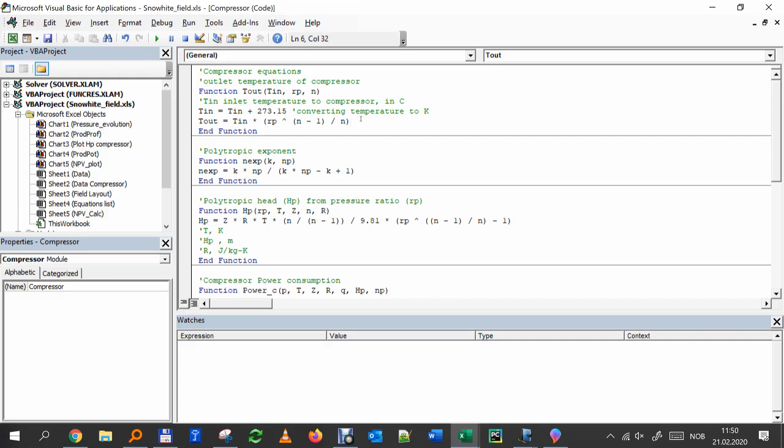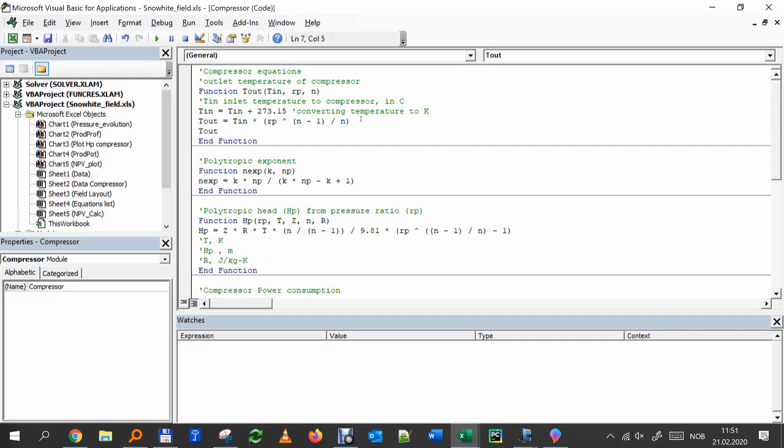Okay, and we can say here the T out that we obtain, we say T out minus 273.15, and here we say T out is outlet temperature of compressor in C. So we are converting what Peng said, very important. You do the conversion inside the function. Don't do it in the VBA. Don't do it in the Excel sheet. Okay, RP.